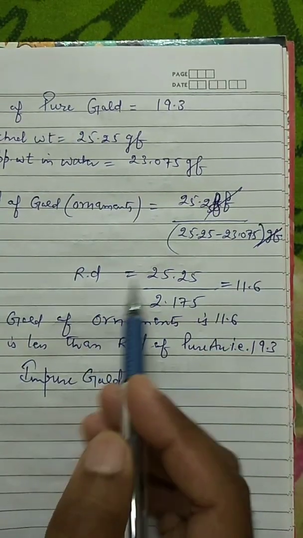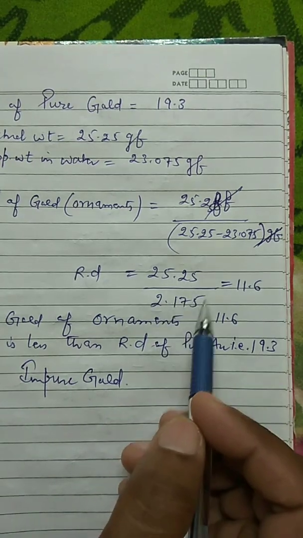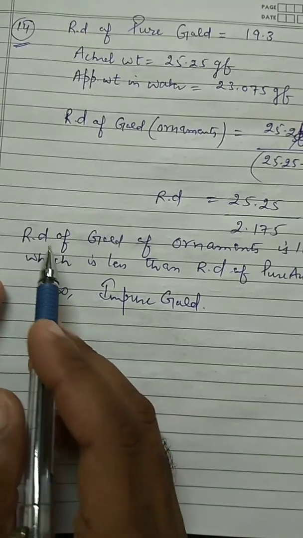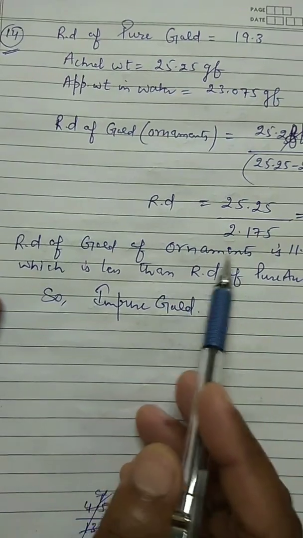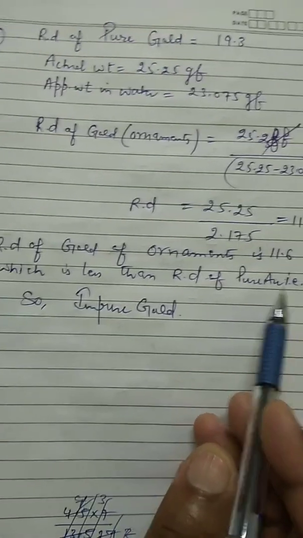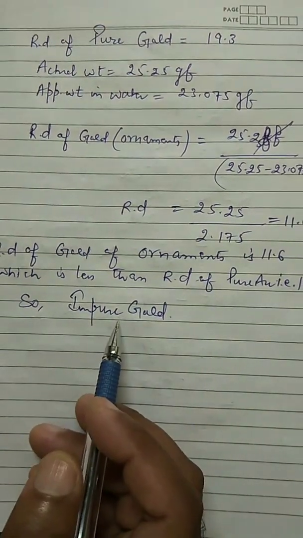After solving, you'll get 25.25 divided by 2.175, gram force will cancel out. Answer is 11.6, which is quite less than the relative density of pure gold, that is 19.3. So it means this is impure gold.